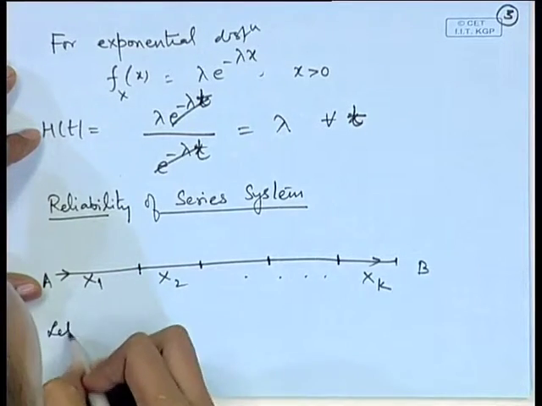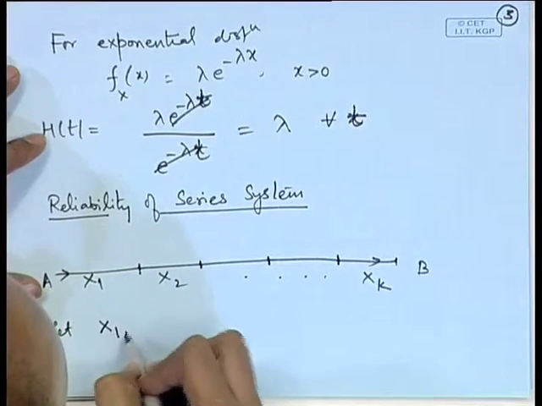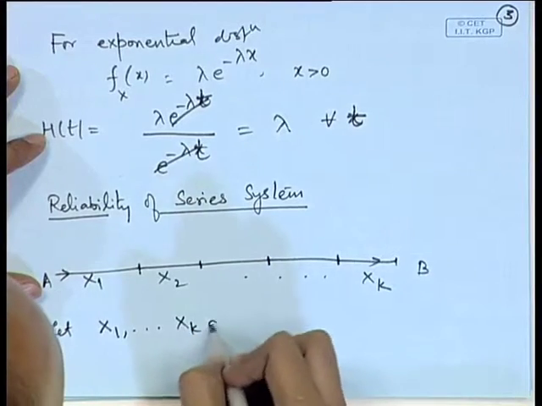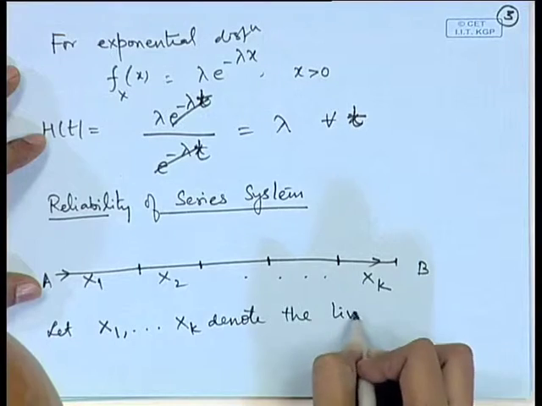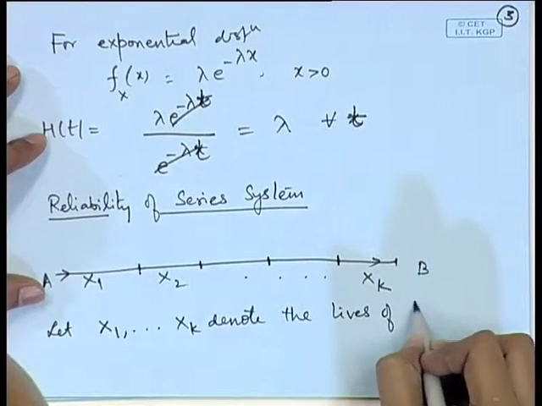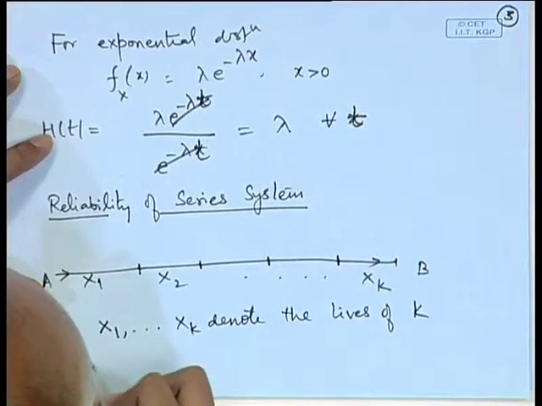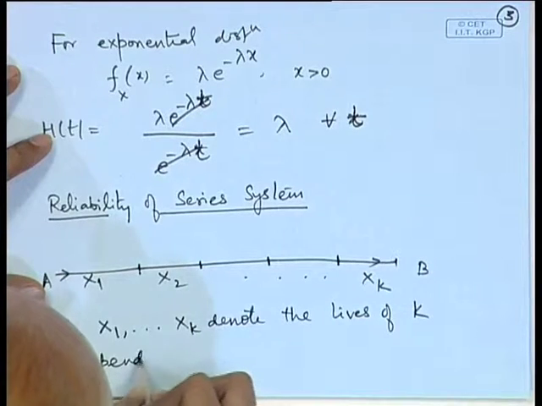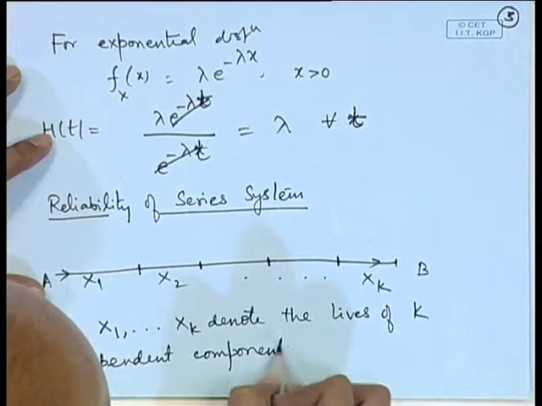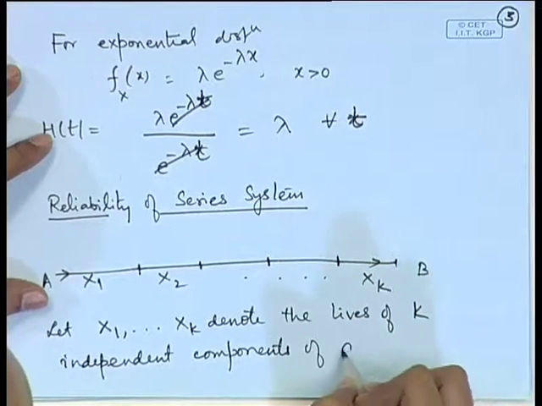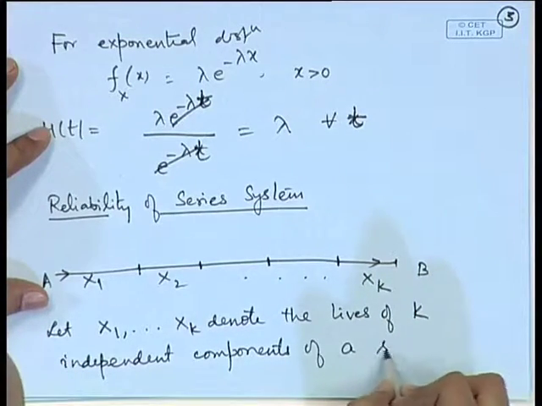So, let x 1, x 2, x k denote the lives of k independent components of a system.